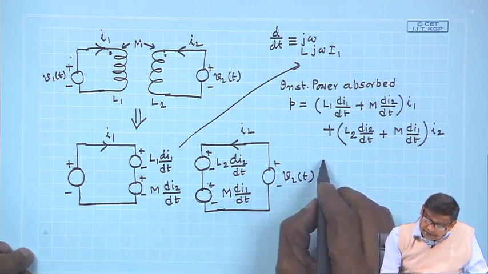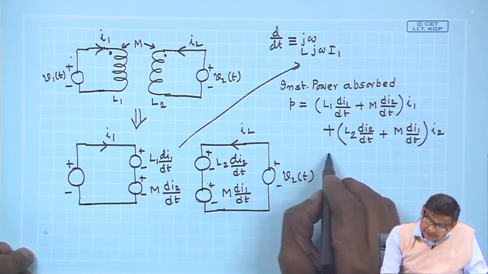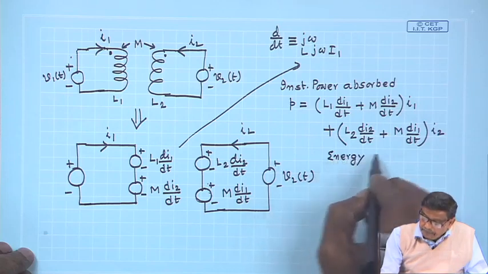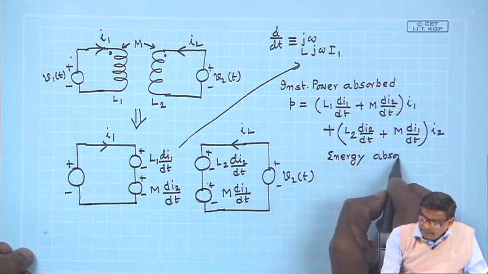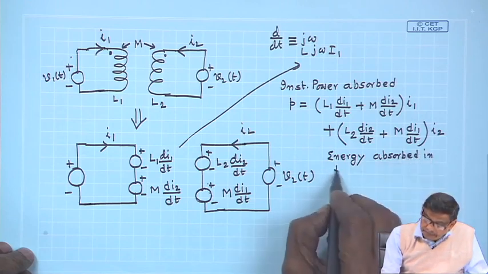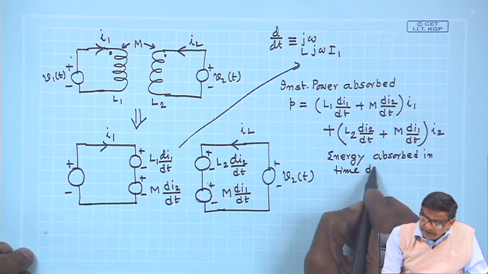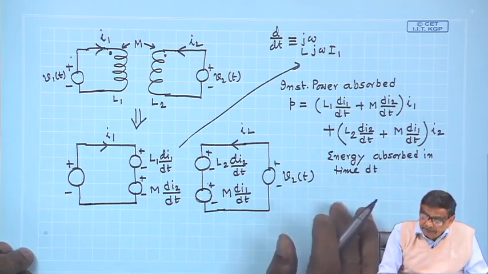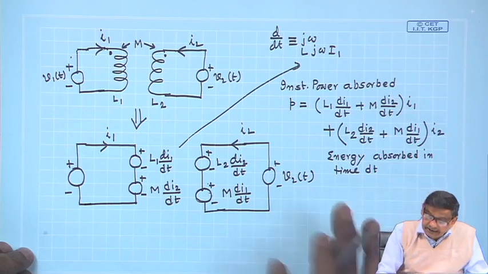Then the energy absorbed in time dt, which is vanishingly small, that is calculus type dx dt, like that dt.